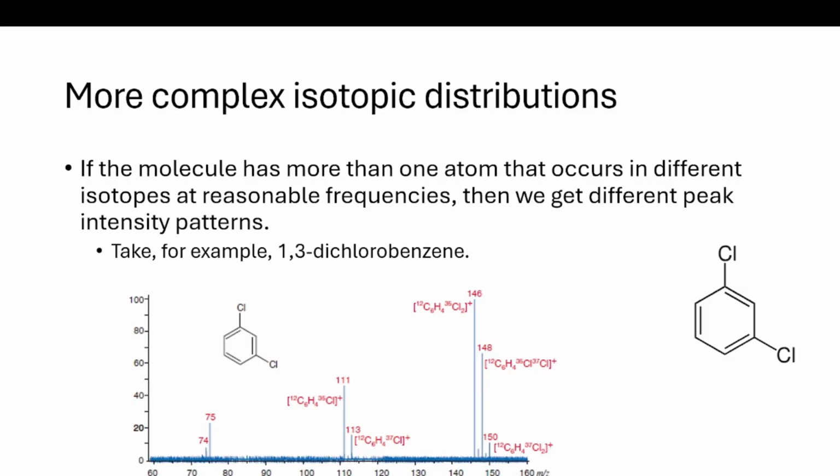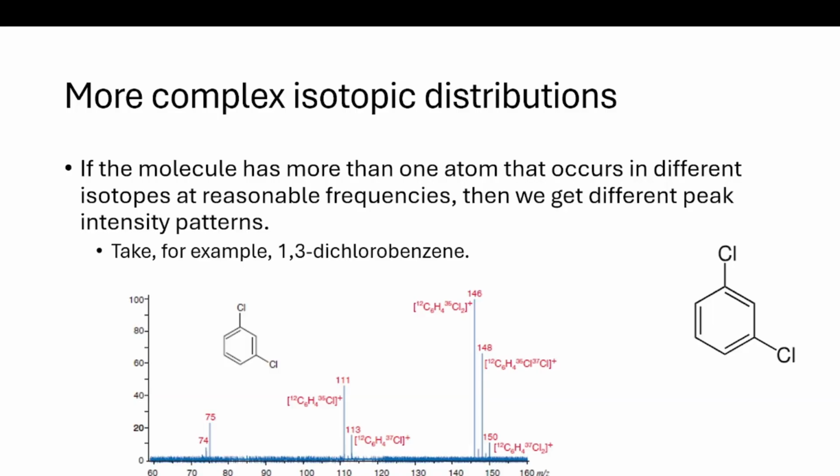Now, if a molecule has more than one atom that has different isotopes, so take, for example, chlorine, we can get a bunch of different peak intensity patterns. So we have 1,3-dichlorobenzene right here. You can see that we have 2 chlorine atoms attached to a benzene ring. Now, chlorine has 2 isotopes, chlorine-35 and chlorine-37.